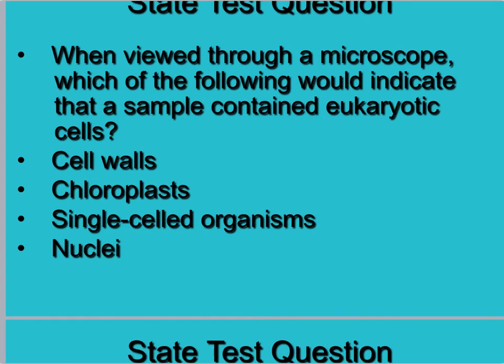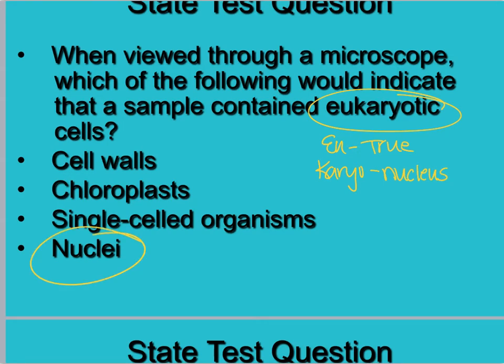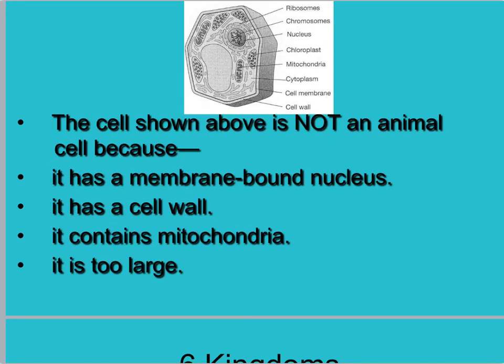When viewed through a microscope, which of the following would indicate the sample contained eukaryotic cells? Okay, so remember, eukaryotic, EU, and karyo. Y'all remember what they stand for? EU was true, karyo was nucleus. So, eukaryotic has a nucleus.